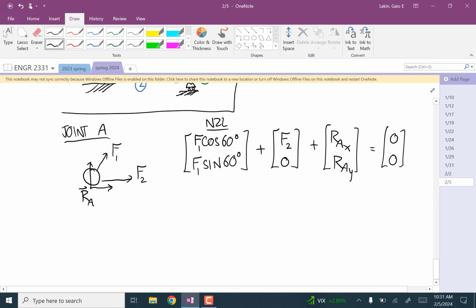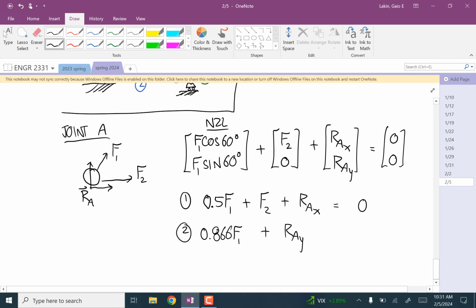So the first equation is 0.5 F1 plus F2 plus RAX is equal to 0. And the second equation says 0.866 F1 plus 0 plus RAY is equal to 0.